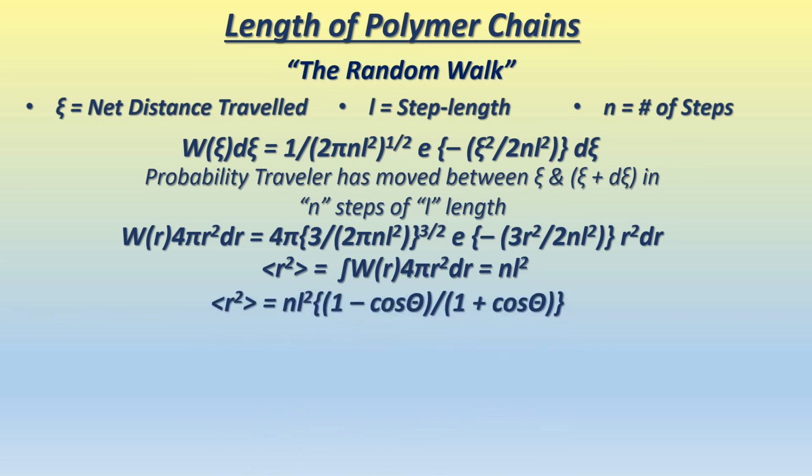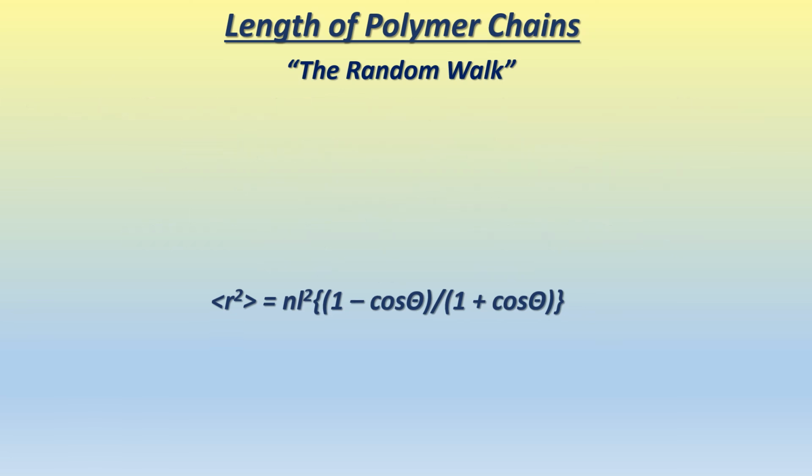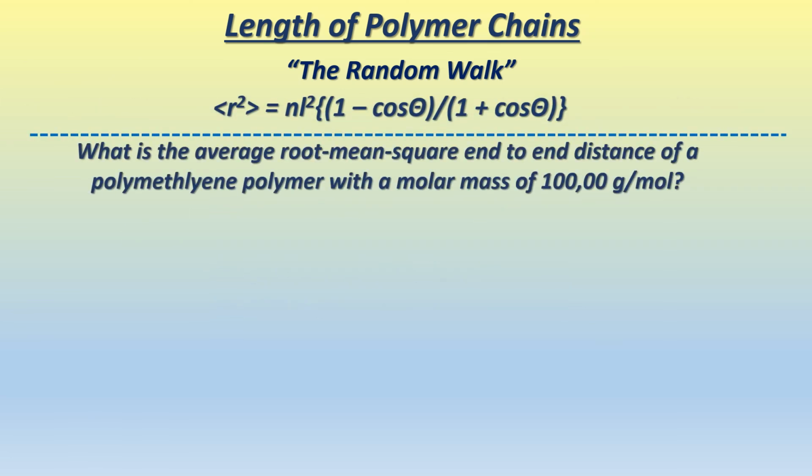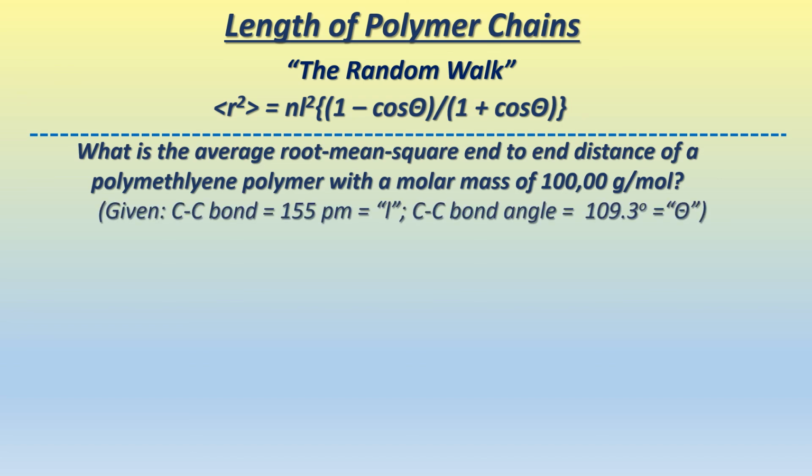Since the bonds can form at an angle, you get an angular component to this, 1 minus cosine theta bond angle over 1 plus cosine bond angle theta. So you get what's called the root mean squared average distance that a particle can travel or a chain can grow.